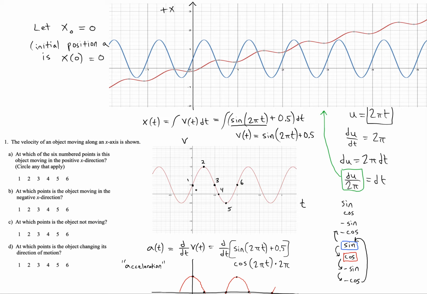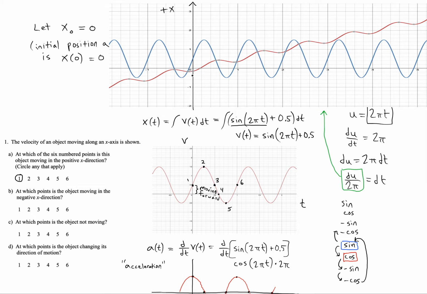All right, so at point 1, you would actually have to say yes. The object is moving forward at the first point here because of its velocity being positive, like it's off the axis, you know? So it's moving forward.